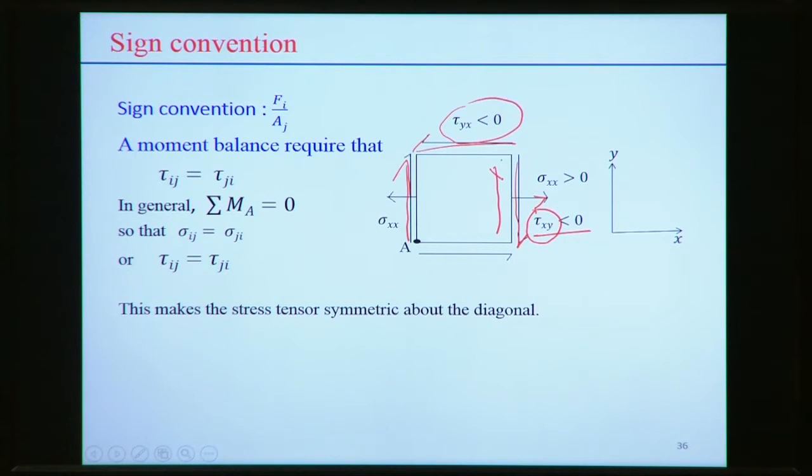So depending upon the orientation of the axes, we can adopt several sign conventions to define different shear stress or normal stress values, and show whether they are negative or positive.